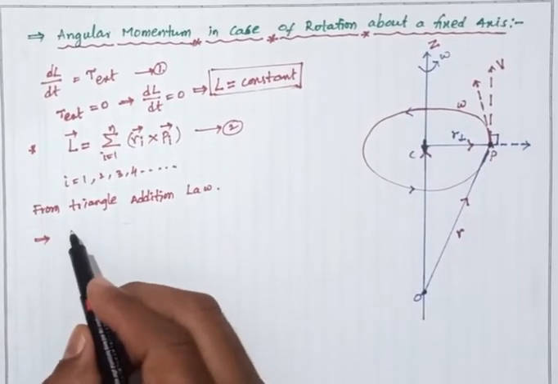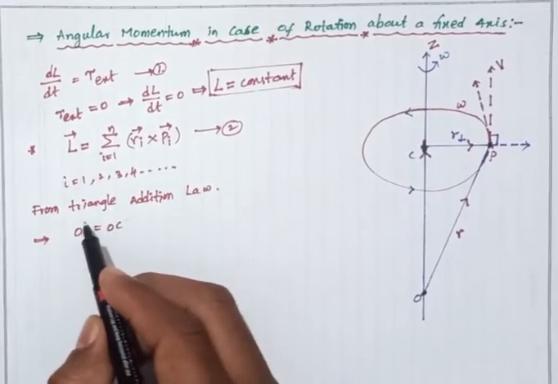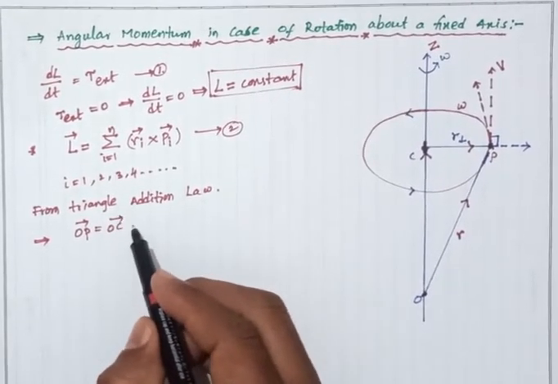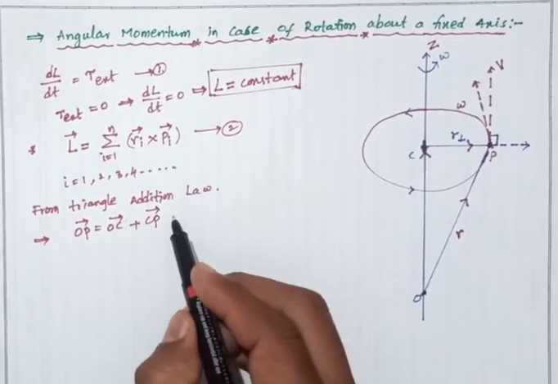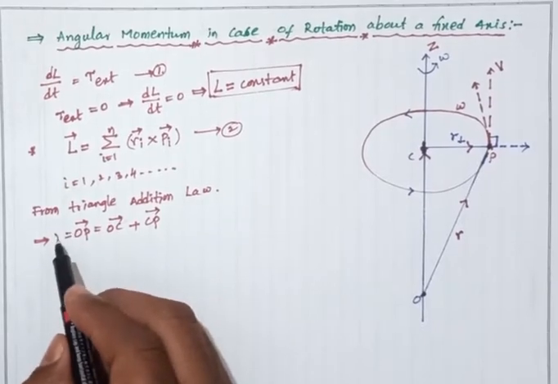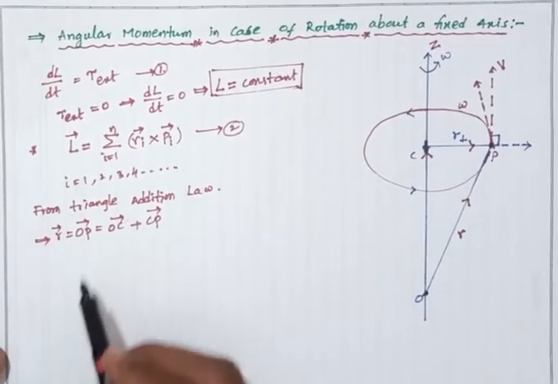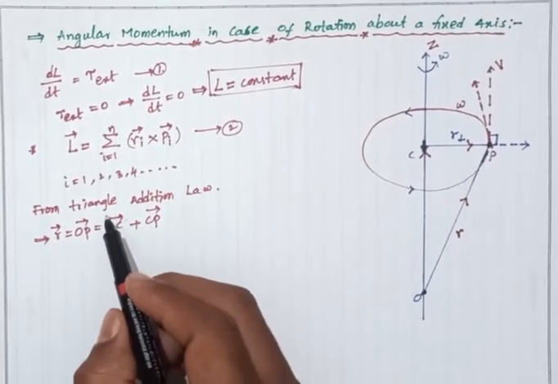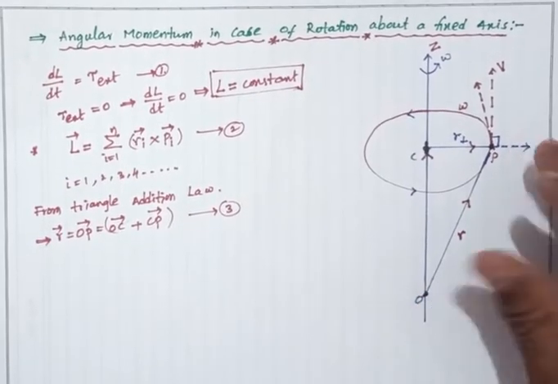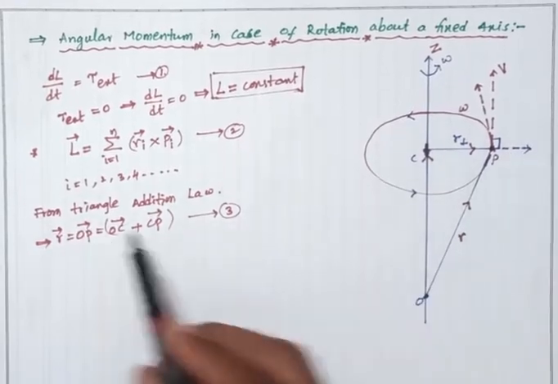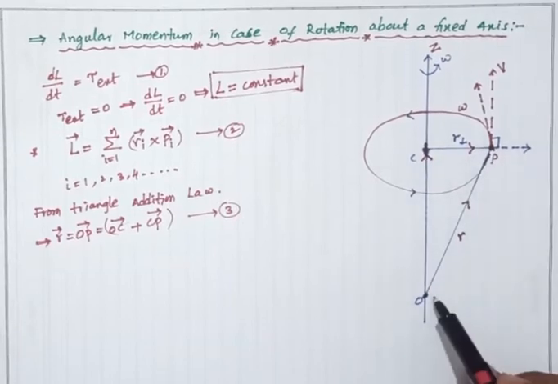So vector R equals OP equals OC plus CP. This is equation number 3. From this diagram, by the triangle addition law of vectors, OC plus CP equals OP.